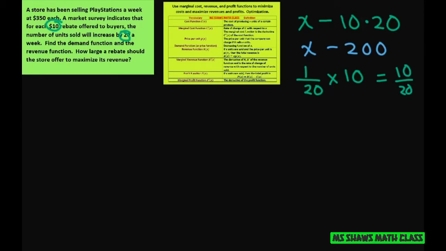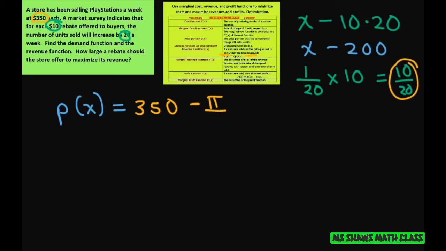So for our demand function, we're going to write this as P of X equals your total price. So that's going to be $350. That's where we're starting, minus 10 divided by 20 times your weekly increase in sales.